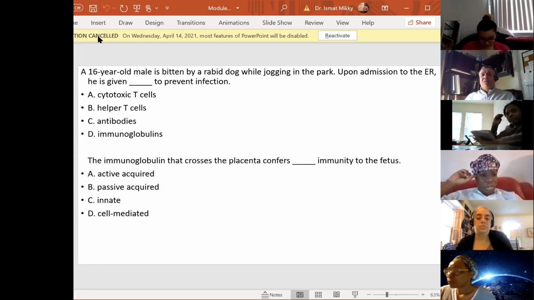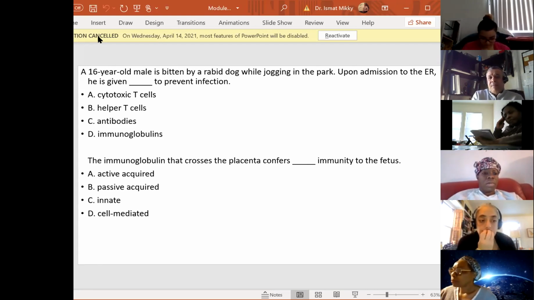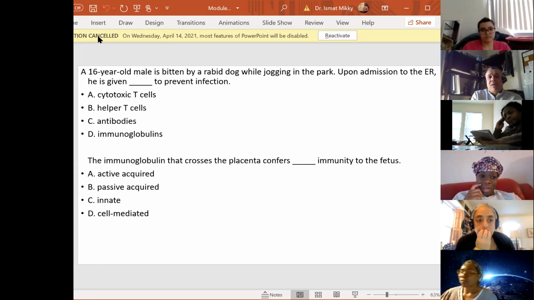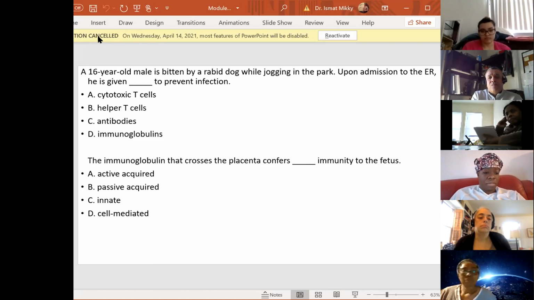You need something that works right away, with a fast effect or response. When you get the toxins, like the toxoid vaccine, for example an anti-tetanus booster, you'll get immunoglobulins. Okay.